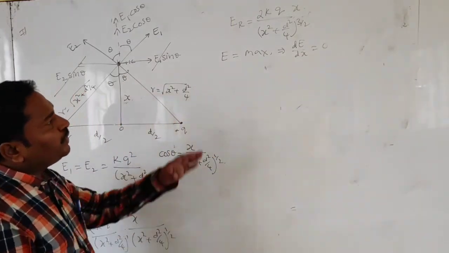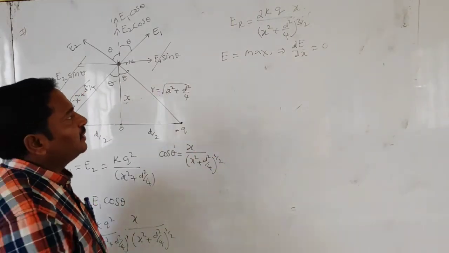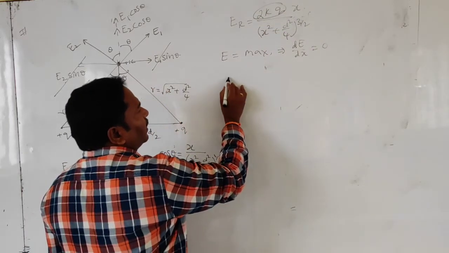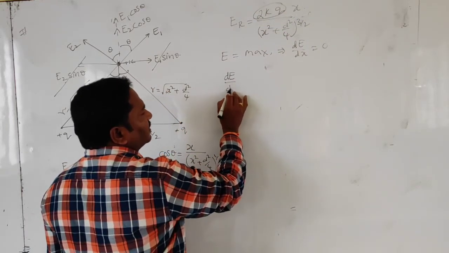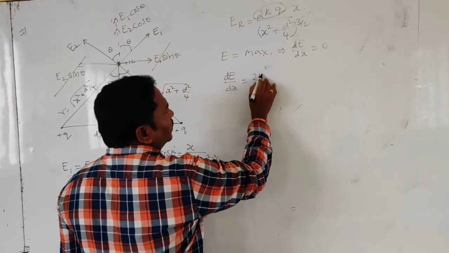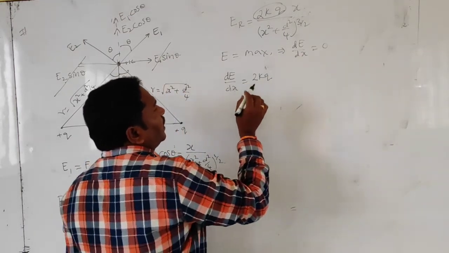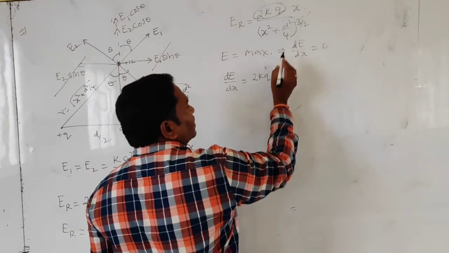Now we have to differentiate with respect to x. First, 2kq is the constant value, so dE by dx is equal to 2kq. You keep this, this becomes constant.